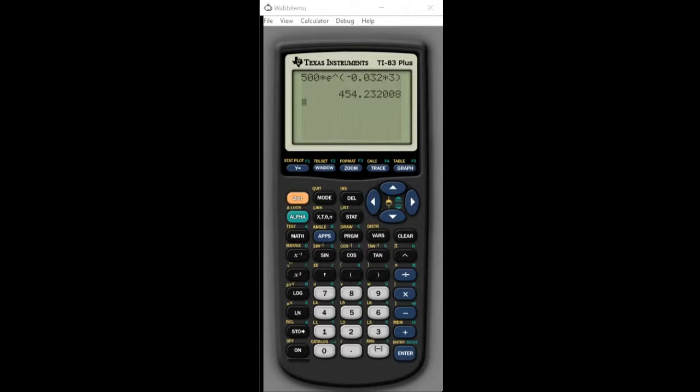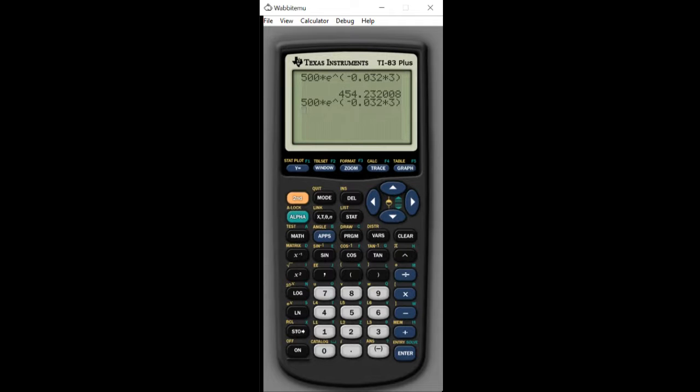So remember, the second time I'm going to do this, where that number 3 used to be, I'm going to change that 3 to a 6. So the way I'm going to do that, I'm going to hit my second, and I go down here where it says enter. If you look right above it, it says entry.